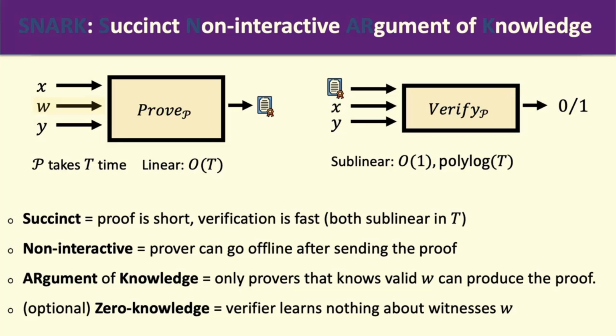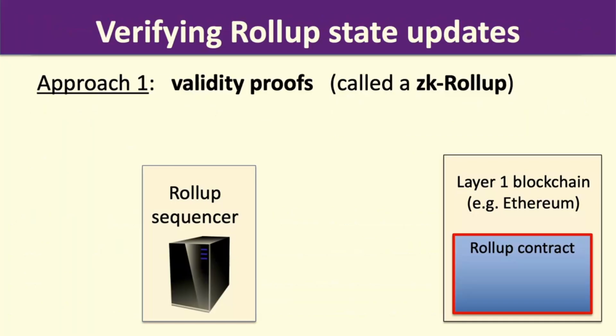Okay, great. So how do we use these things, right? I said we want to build a ZK rollup. Well, the idea, this is approach 2 now, is that instead of using fraud proofs, I'm going to use these SNARKs in order to prove that I've run the rollup correctly.